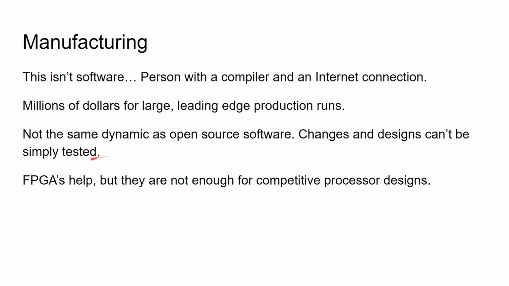Changes and designs can't be tested simply. Now, FPGAs do help that situation. If you want to make a simple chip, a simple CPU, then doing it on an FPGA works. I've got an FPGA board here that I play around with. I think it cost me about $60.